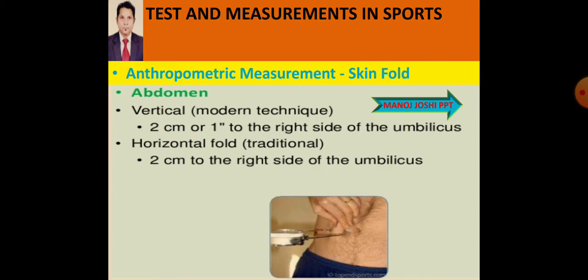Horizontal fold, that is the traditional technique, 2 centimeters to the right side of the umbilicus. This we will see. The skin fold is checked vertically and horizontally we can check. This way, we can see in the picture.